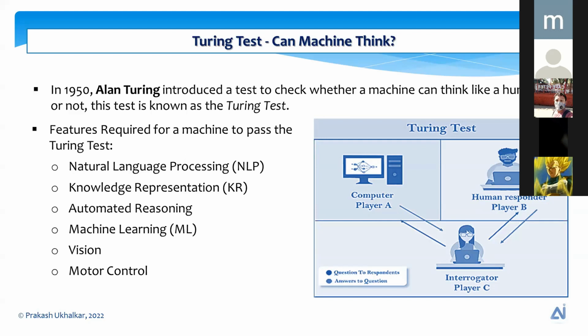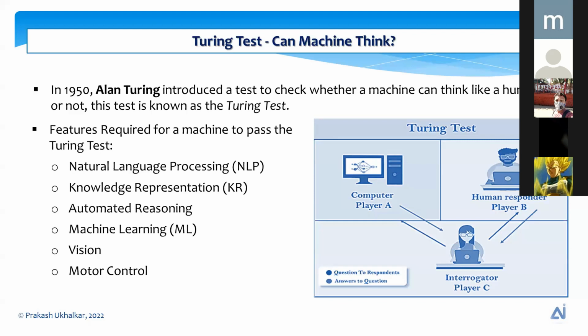Turing proposed that a computer can be said to be intelligent if it can mimic human responses under specific conditions, right? The Turing test was introduced in his 1950 paper. He wrote a research article at that time, and in his paper, Computing Machinery and Intelligence, he explained all this and posed the question, can machines think, right?